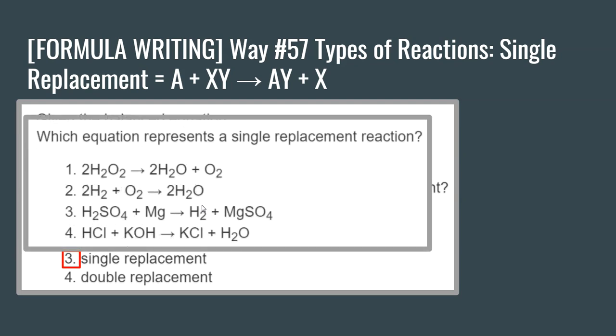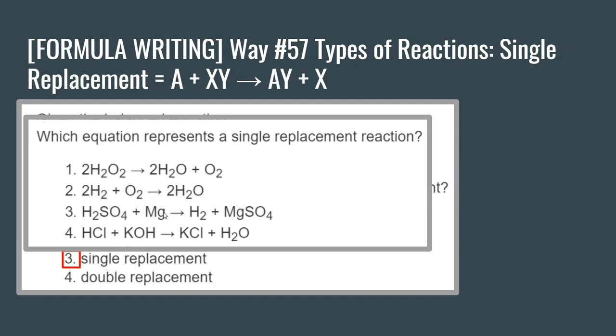Which equation represents a single replacement reaction? Note that choice 1 is an example of decomposition, and 2 is an example of synthesis because these two elements are coming together to form a single product.